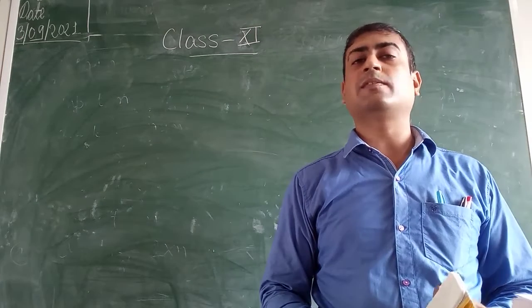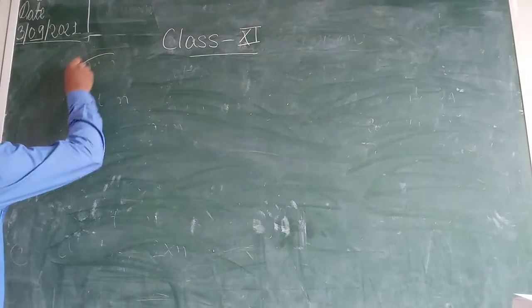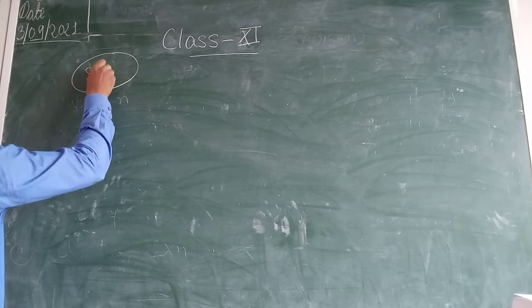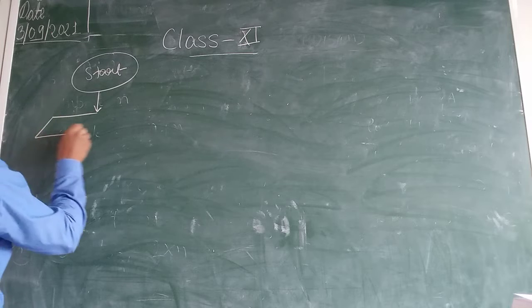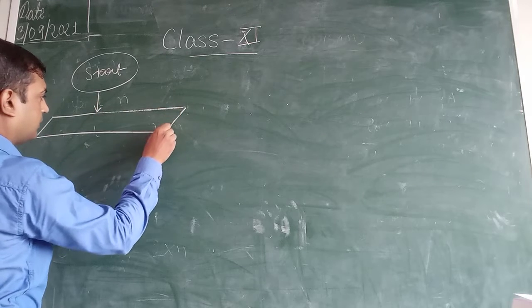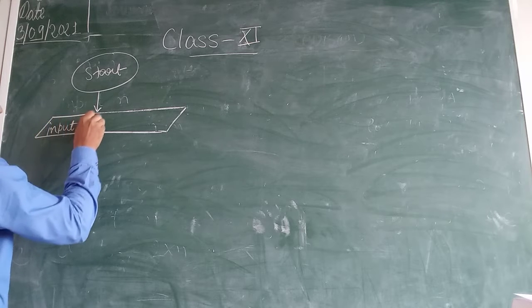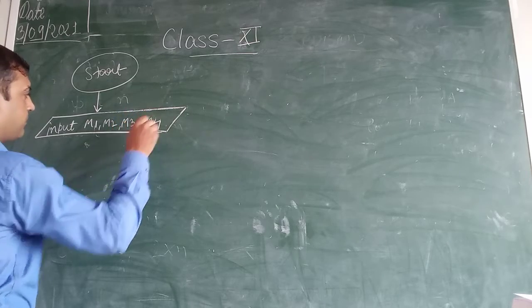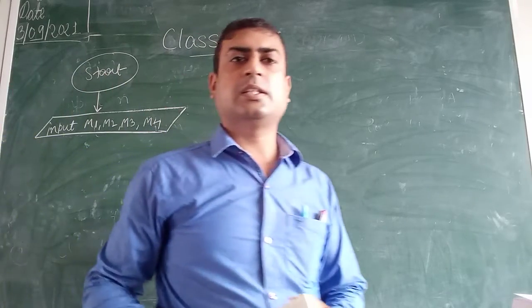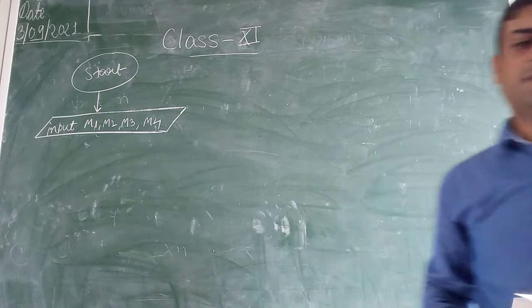Because if you don't know the 4 marks, then how will you decide the student has passed or not? Now 4 marks I have taken from the user: M1, M2, M3, M4.